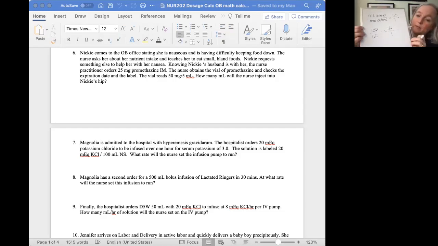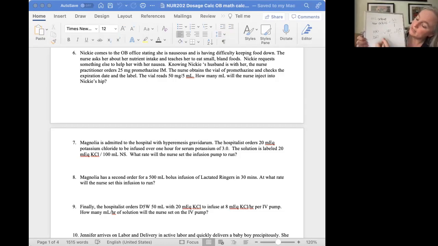Now with this problem, if you want to, you can either multiply it straight across on the top and the bottom and then divide it, or you can cross out same things from top and bottom. So since our 60s are the same, I can take those out and go across and say 100 over 1. Alternatively, you could multiply and get 6,000.